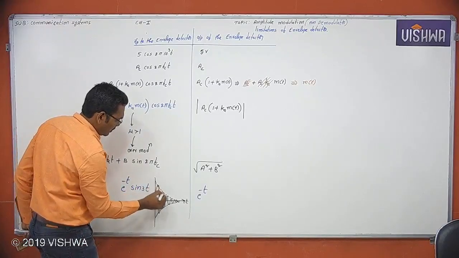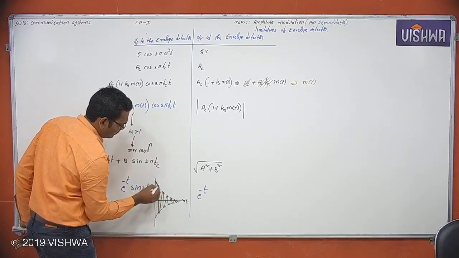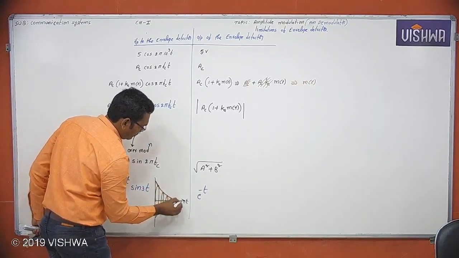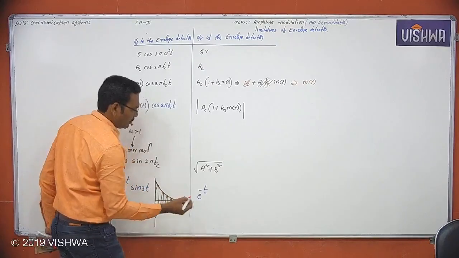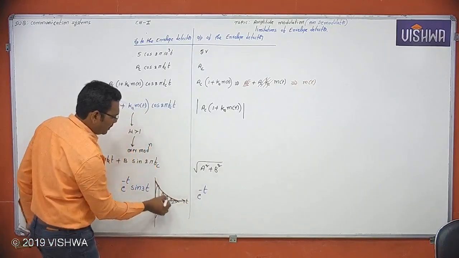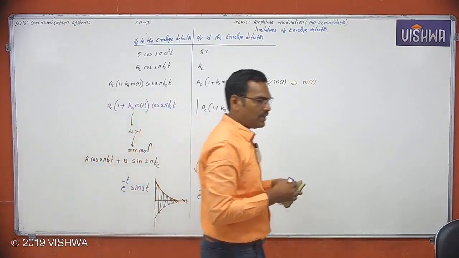Now these are the peaks, and the peaks are nothing but e power minus t. This is the input and output of the envelope detector. No doubt.